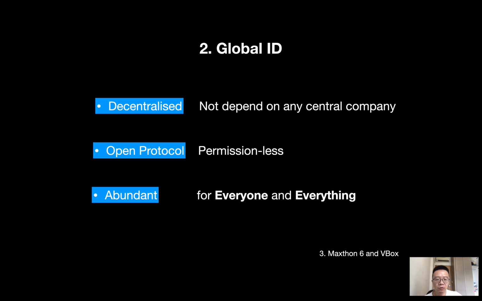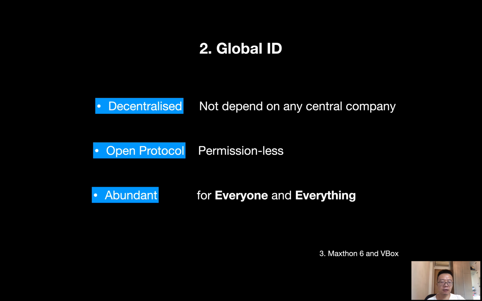Since the NBdomain is registered using a BSV wallet, and our private key is held by the wallet and owned by us, the NBdomain as a global ID is also owned by us, not by any third parties.